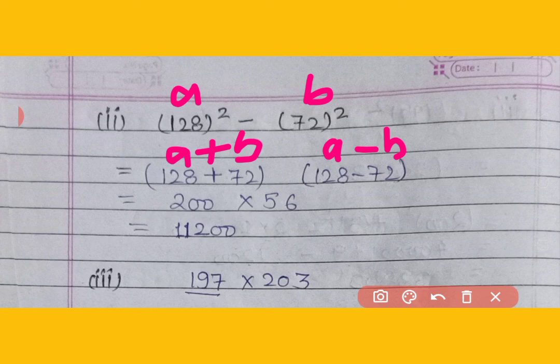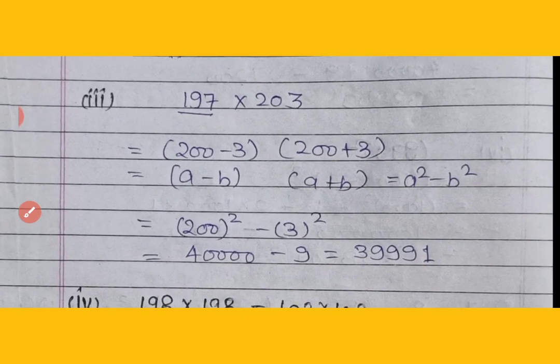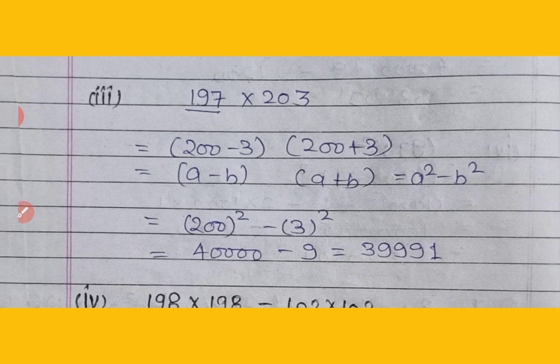So 128 plus 72, and here 128 minus 72. So 128 plus 72 is equal to 200, and 128 minus 72 is equal to 56. Now 56 and 200 will multiply, and we are getting the answer 11,200.